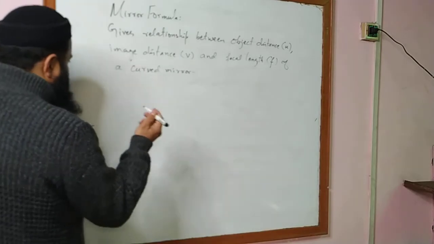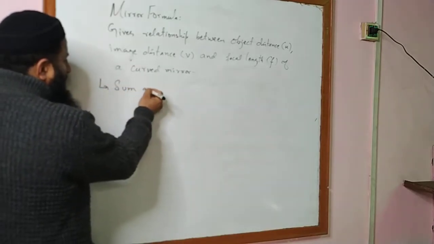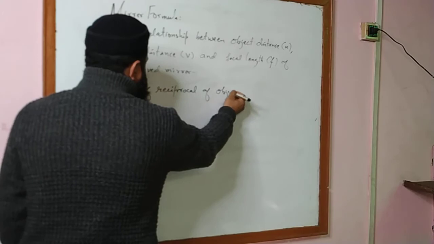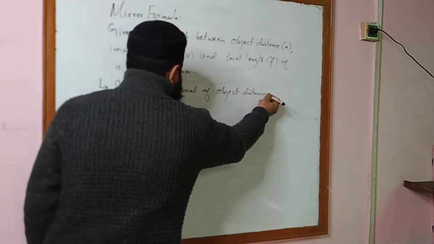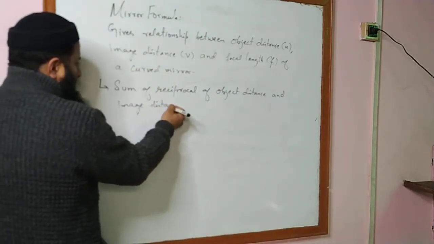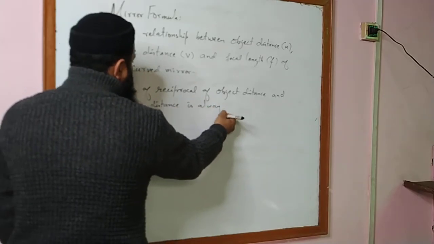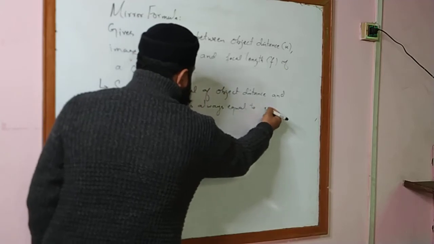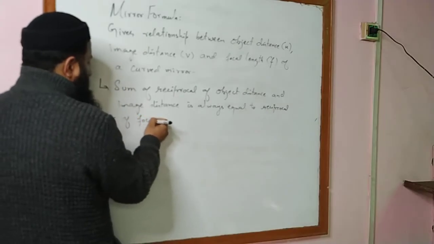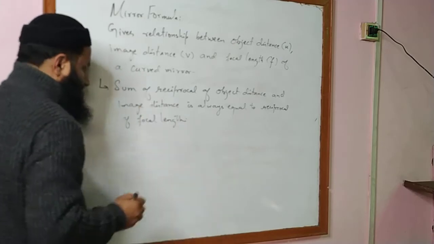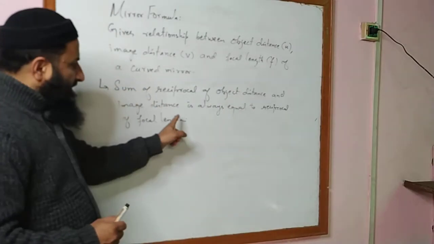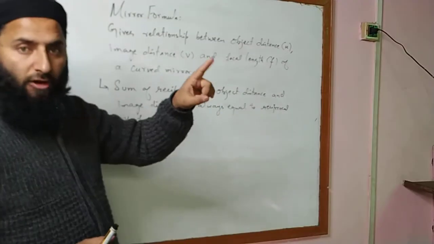What does this relation say? It says the sum of reciprocal of object distance and image distance is always equal to the reciprocal of focal length.